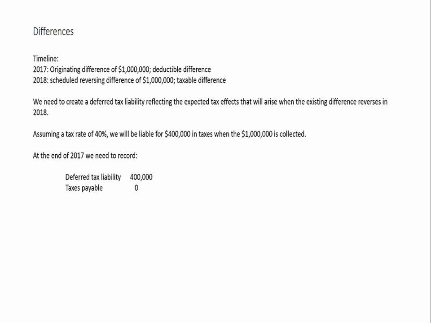And again, we know that we're going to receive $1 million in 2018. When that $1 million is collected, we're going to owe $400,000, so we need a $400,000 deferred tax liability on our balance sheet. And tax expense is simply a plug figure. It's the sum of what we paid this year plus or minus the changes in our deferred taxes.